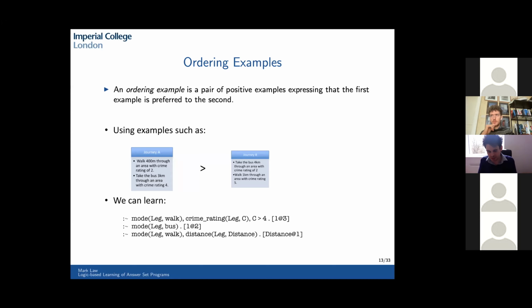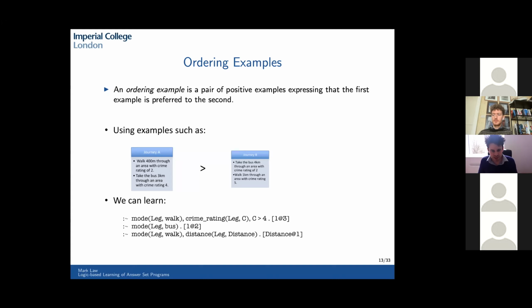Roughly speaking, it's actually slightly more complicated than that, in that there are two different forms of ordering examples, because if you've got partial interpretations, you may express either that at least one of the first kind of example is preferred to at least one of the second kind of example, or you may want to say more cautiously, similar to the cautious reasoning before, that all of the answer sets extending the first example are preferred to all of the answer sets extending the second example.